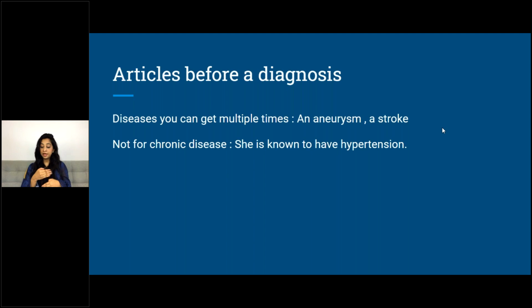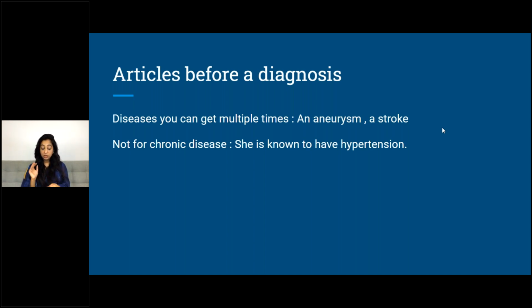The second time that you mention it, the stroke affected his mobility. Guys, if you understand the point, it's very important to pay attention to these subtle points on your OET, because that's what they're looking for. So the first time that you mention a disease that we can get multiple times, you're going to write a or an, and the second time that you talk about the same, you're going to write the.